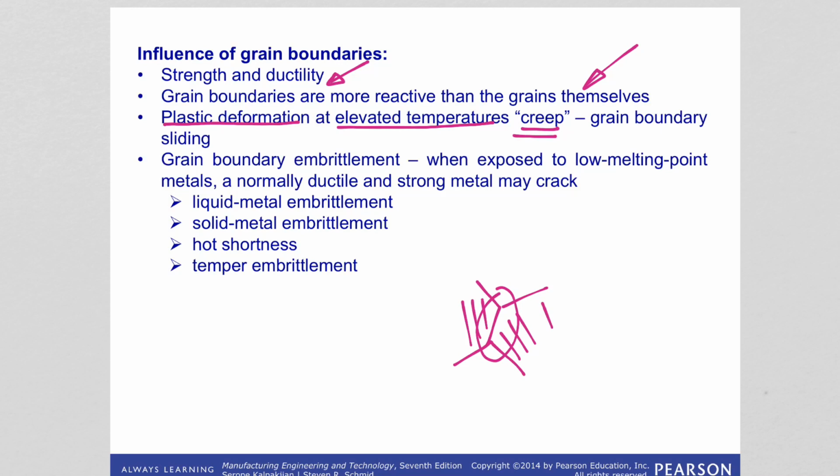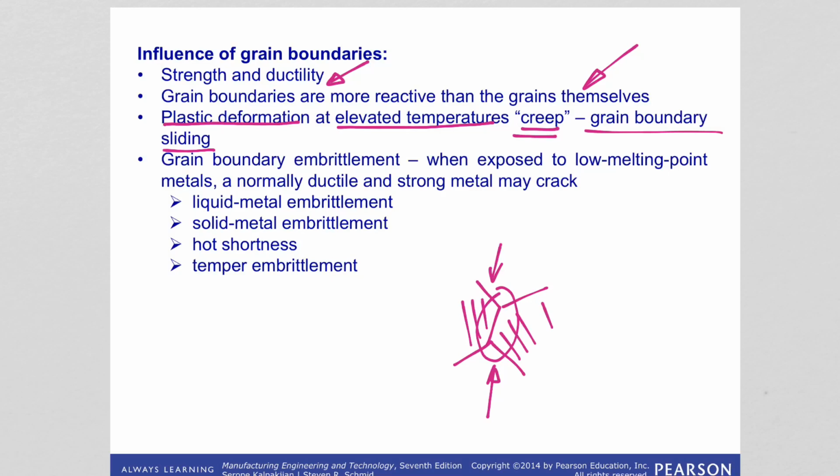And they will slide over each other. So grain boundary sliding is actually a type of plastic deformation, compared to slip and twinning, but this is a type that can happen at elevated temperatures.